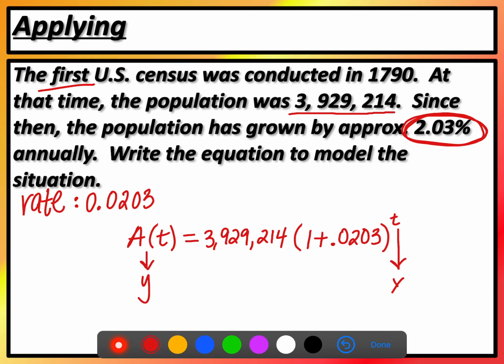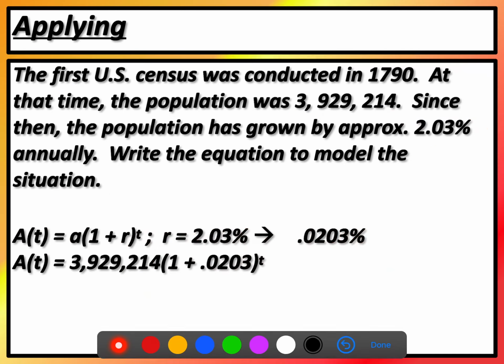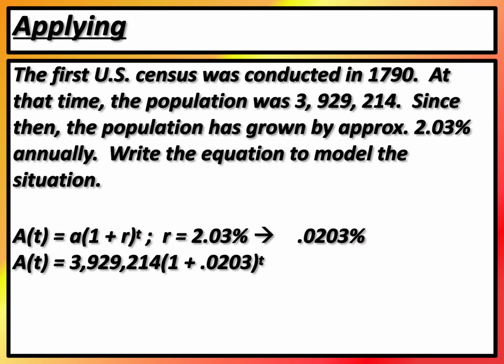Okay, you could use T for time. X would also be appropriate. And that's it. There's no other work to be done. The only thing that I'm going to ask that you do is simplify and add together that base.